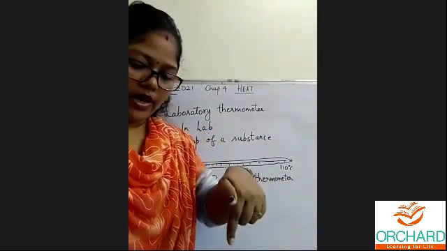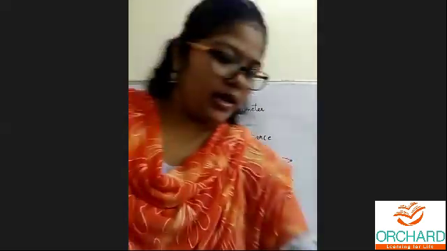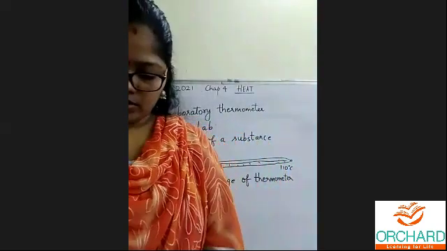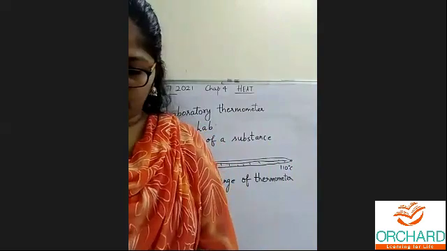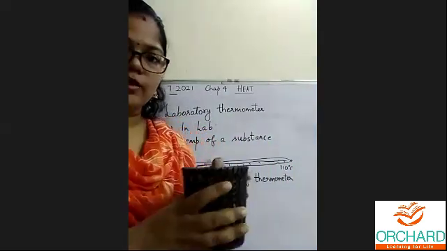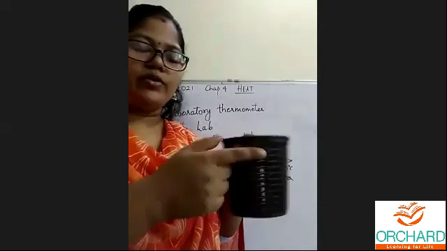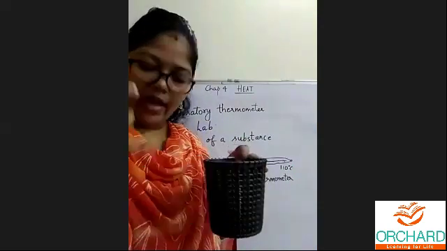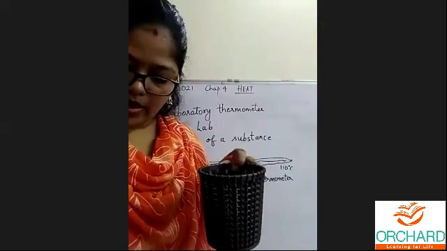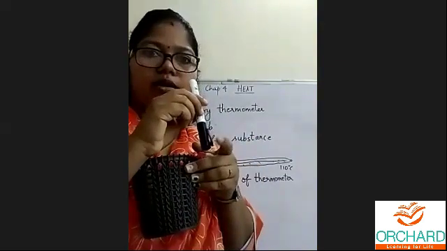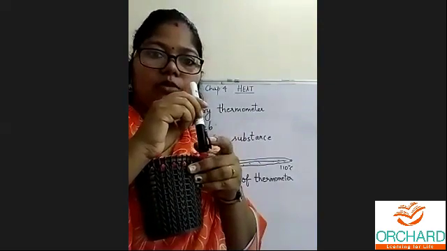Like for example, if you are taking a beaker, okay, so consider this as a beaker. So if the liquid or whatever we are going to measure, it will be there. We have to take the thermometer, and imagine this as the thermometer and this as the bottom part, the glass bulb which has mercury.